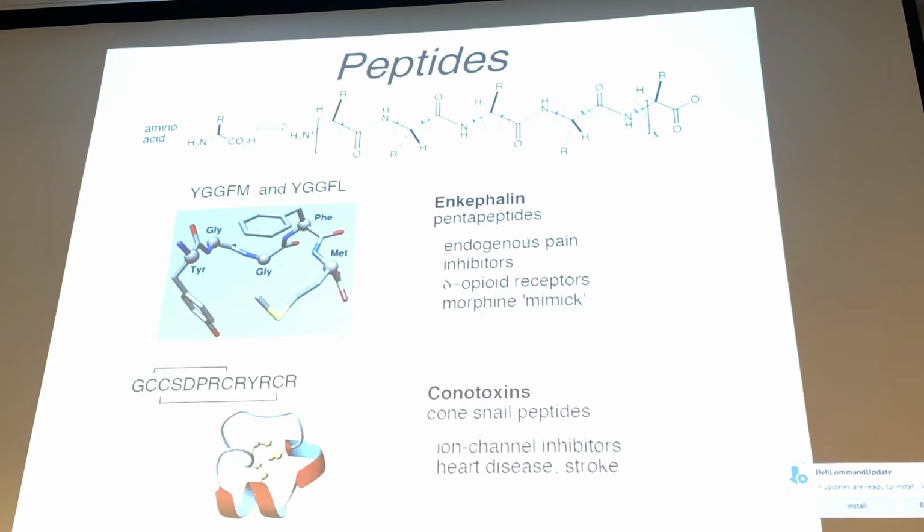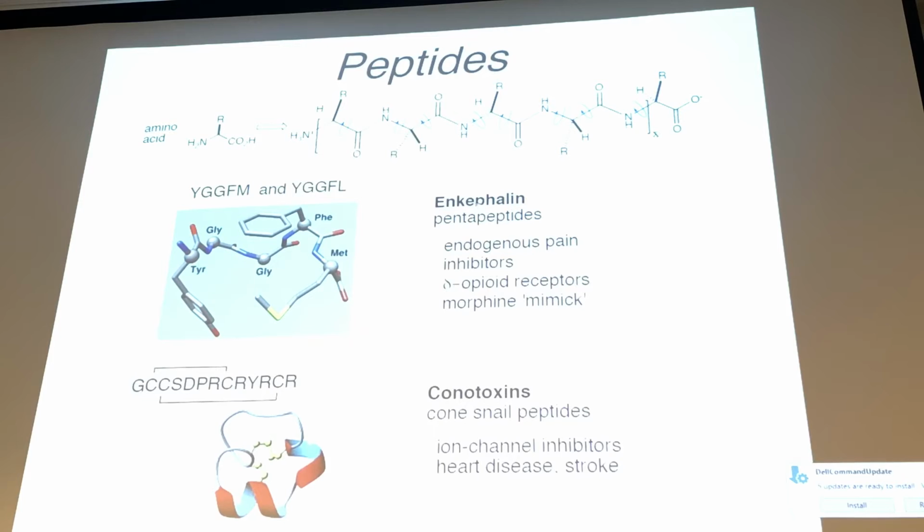Okay, let's look at peptides in general. Like I said, they're dimers up to 50 mers or so. Here's one maybe you've heard of, enkephalin, which are pentapeptides in the brain. These are endogenous pain inhibitors. These endorphins or enkephalins are released upon acute pain and chronic pain. They hit the same receptors as morphine and heroin, the opioid receptors.